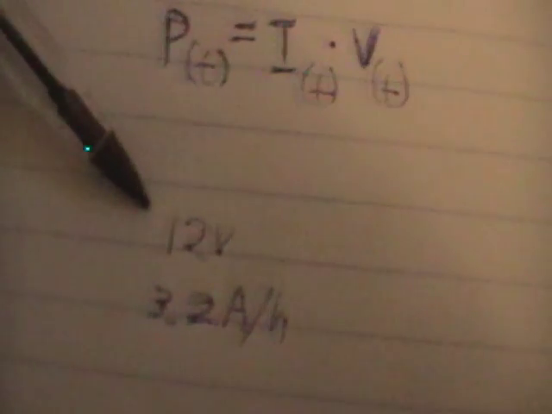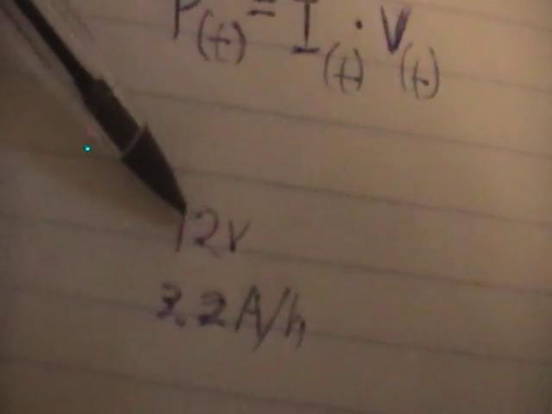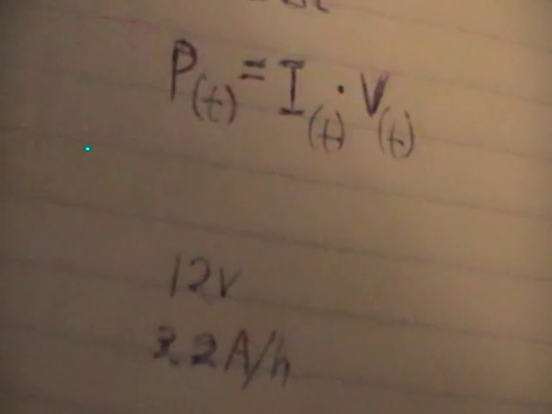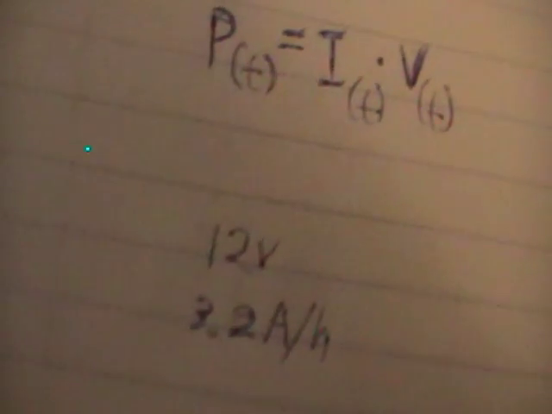So this is basically a charge, and this is voltage. Without voltage we will also have no power, because the voltage is the potential. Without the potential, the current won't flow.